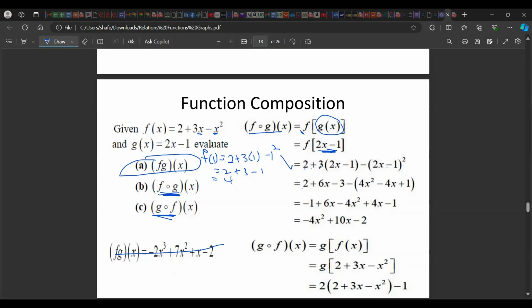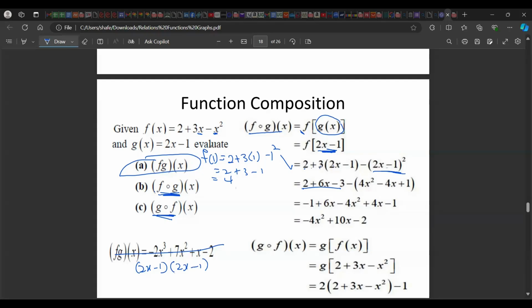And then we are going to simplify the bracket, right? So 2 comes back, 3 times everything in the bracket gives you all of this here. And this here, if you have to do it in pieces, it's 2x minus 1 times 2x minus 1.